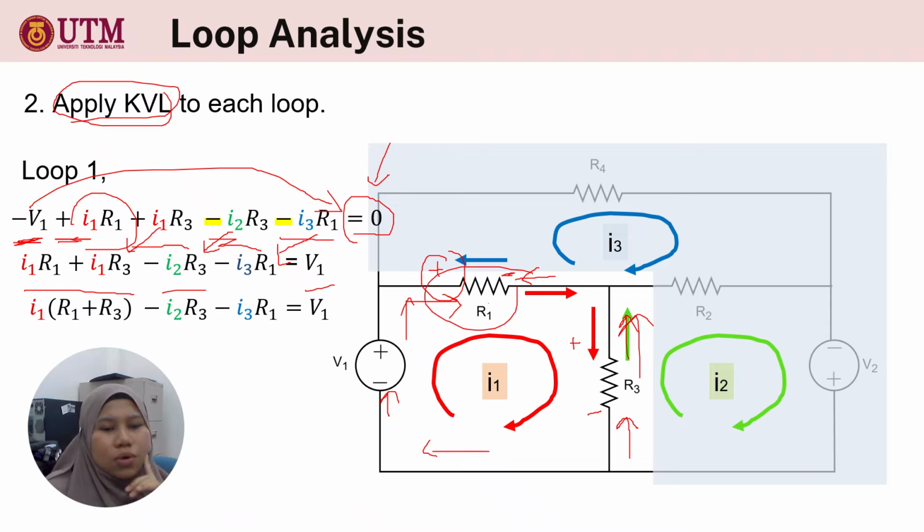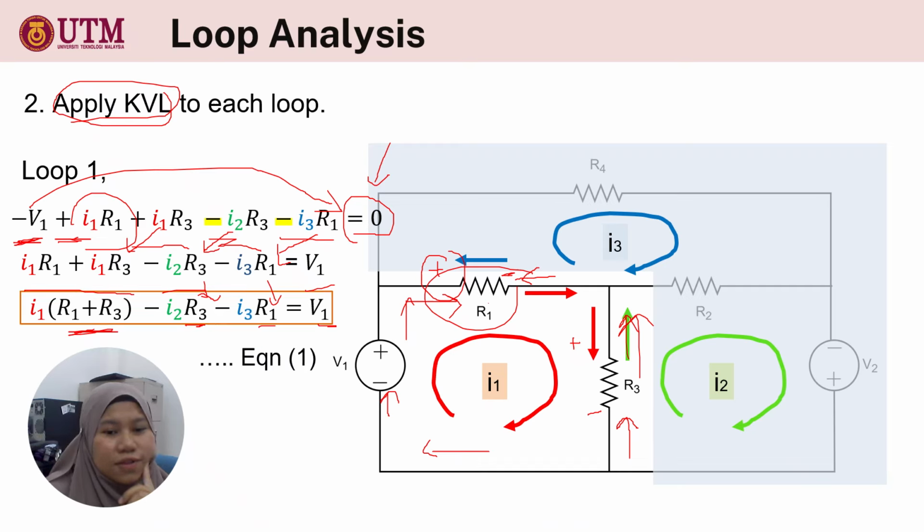So we combine all the terms: I1 with R1 plus R3, and the same for the others. These can be changed to numbers, but for the sake of this example I want to keep them as terms. So this is equation number 1.